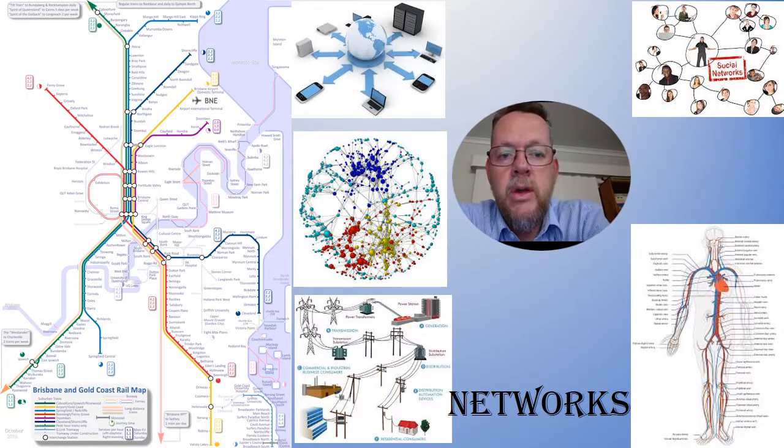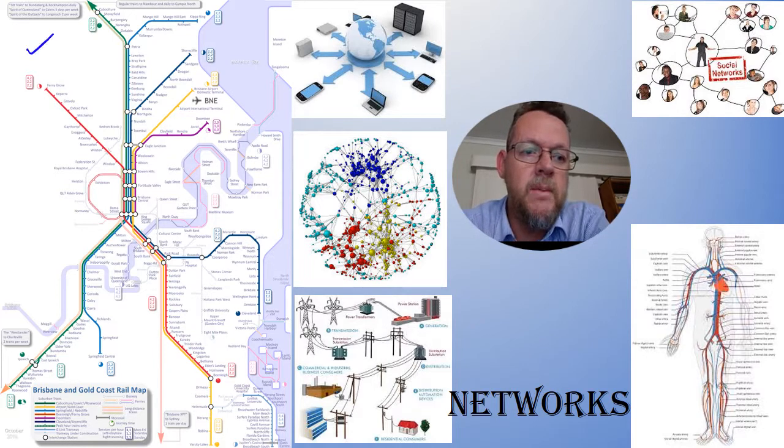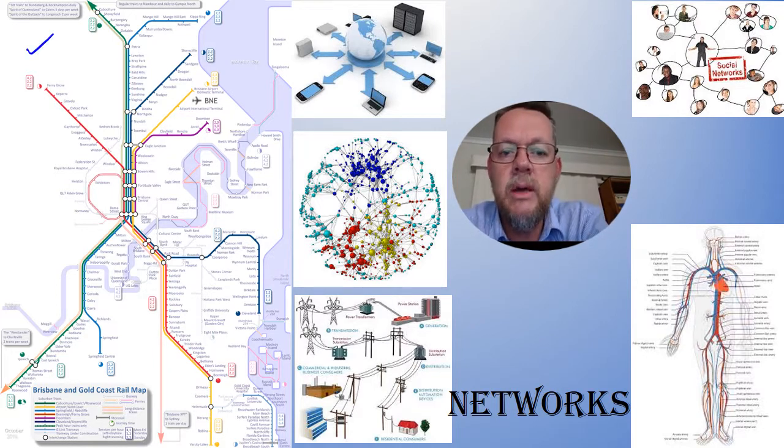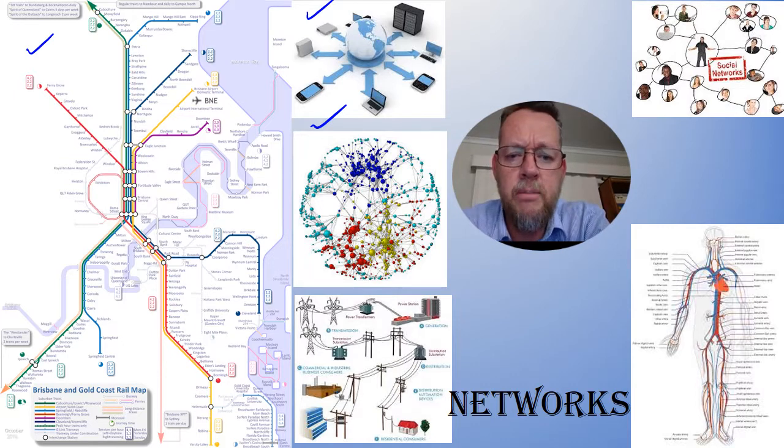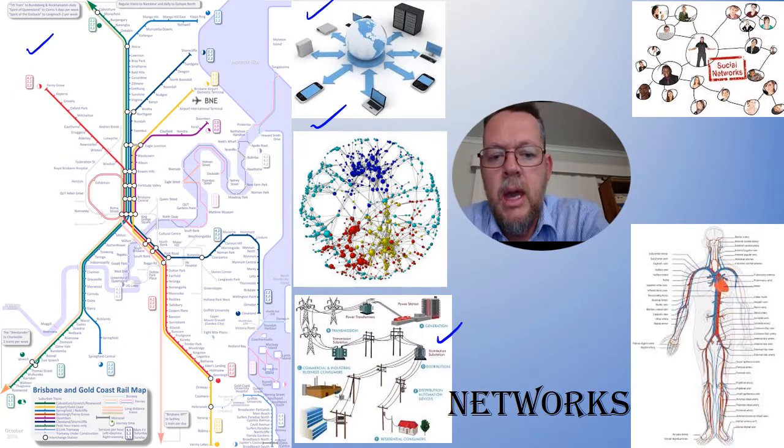When we look at networks, you're going to be quite familiar with this term network, or you'll be able to recognize it pretty quickly. So if we travel to Brisbane, you know that there's a train network. We know at school there's a computer network. We also know about the World Wide Web and that we're all interconnected. We also have a power network, so that gives us electricity.